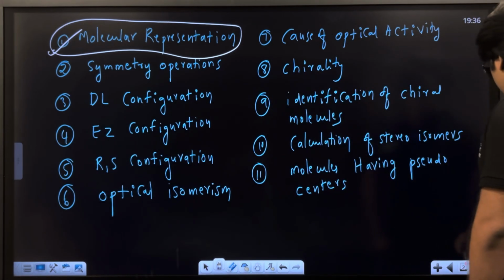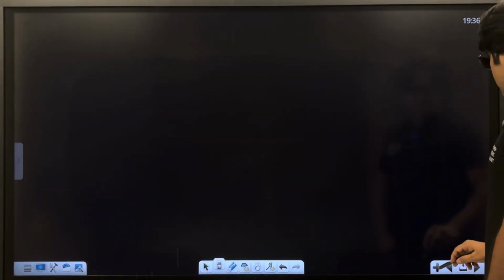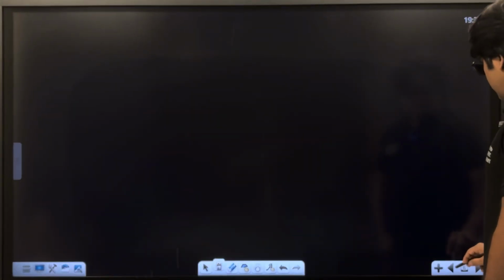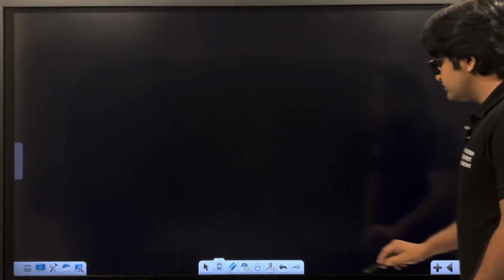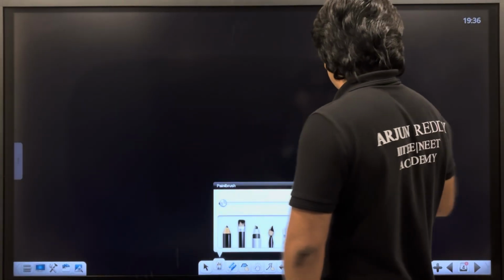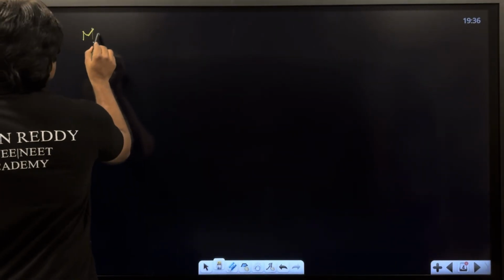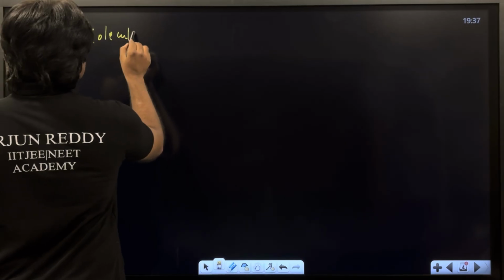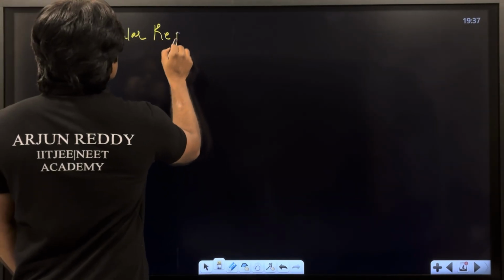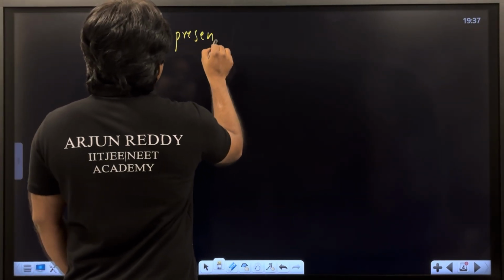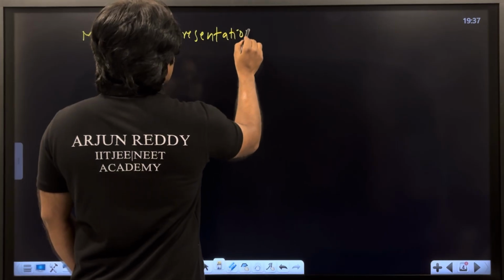Now in molecular representations and interconversions, how many types of molecular representations do we have? In general, we have 5 different types of molecular representations. First, I am going to start with wedge-dash representation.